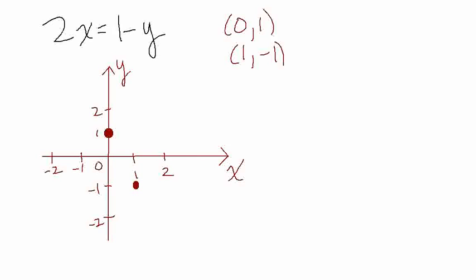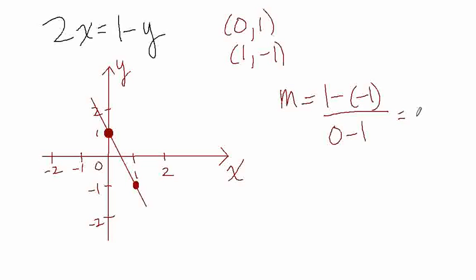And so the line looks something like this. And the slope is 1 minus negative 1 over 0 minus 1, which gives minus 2. I hope that's what you got.